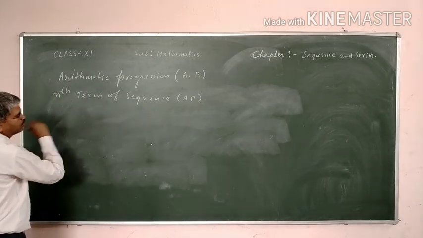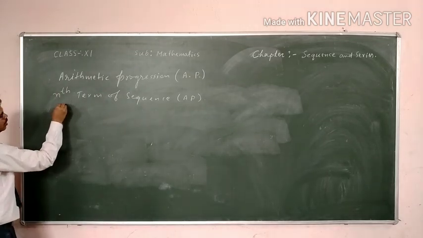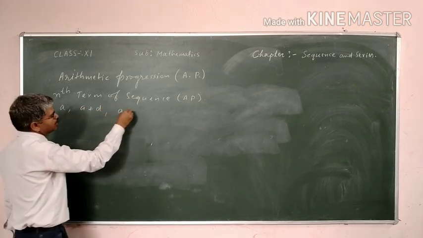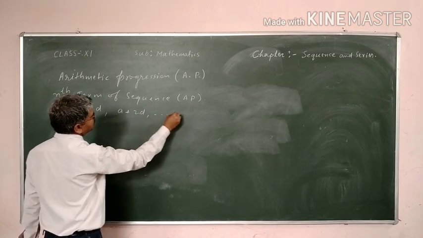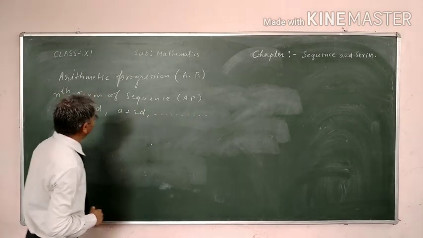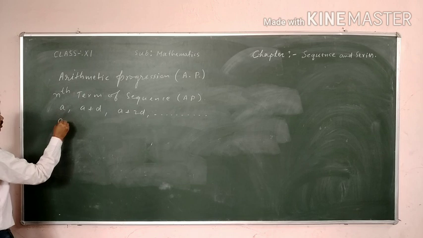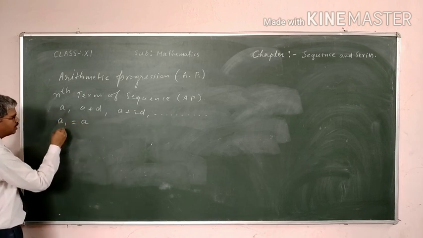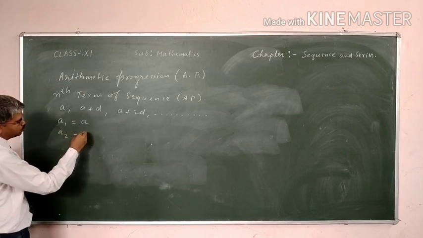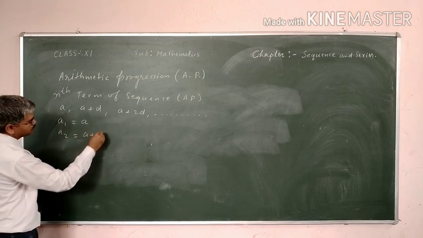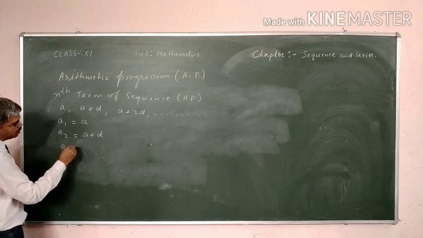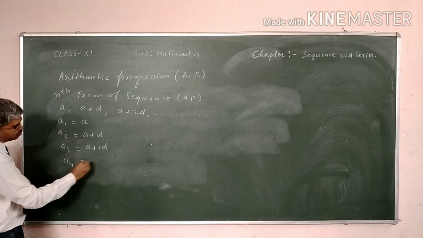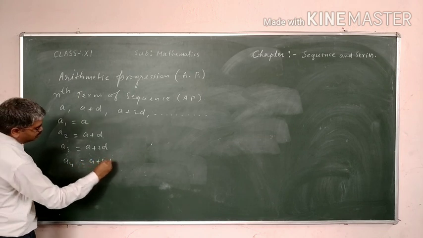By definition, A, A plus D, A plus 2D. From this, it is clear that the first term of the sequence A1 is equal to A, the second term A2 is equal to A plus D, A3 is equal to A plus 2D, A4 is equal to A plus 3D.